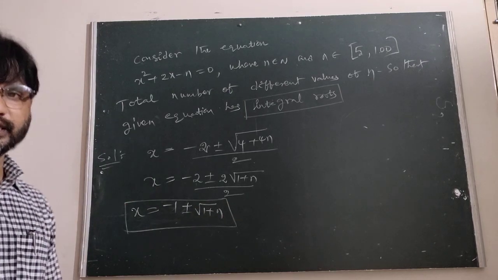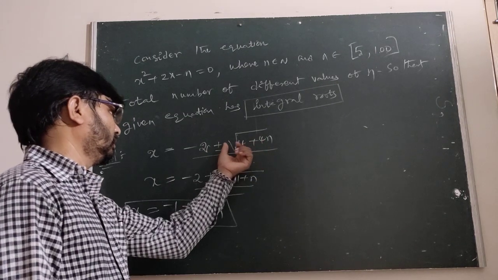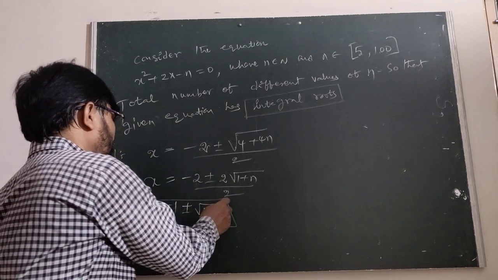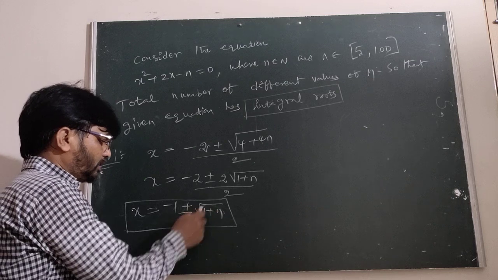All of you listen here carefully. Taking the common factor 4 out of the root, it becomes 2, and the 2s are cancelled: x equals minus 1 plus or minus root of 1 plus n.